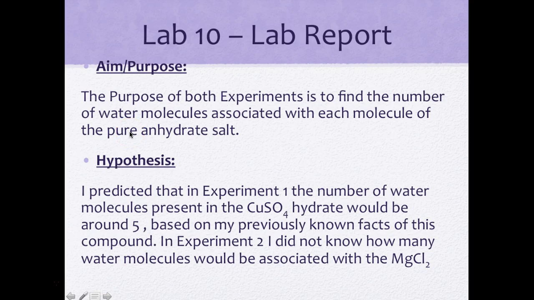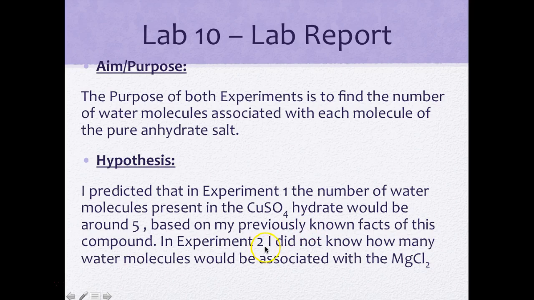So the aim of both experiments is to find the number of water molecules associated with each molecule, or rather, to be more precise, each mole of the pure anhydrate salt. I predicted that in experiment 1, the number of water molecules present in the copper 2 sulfate hydrate would be around 5, because I had previous knowledge about this compound.